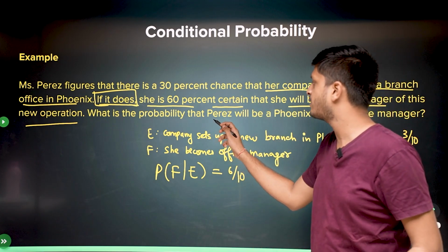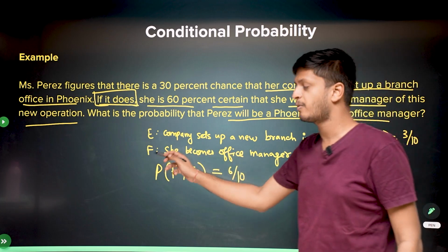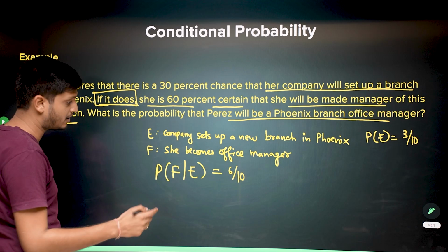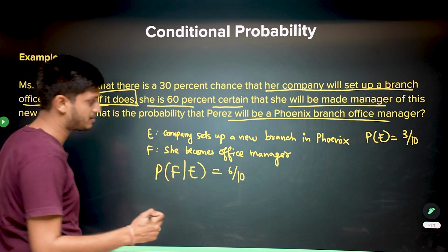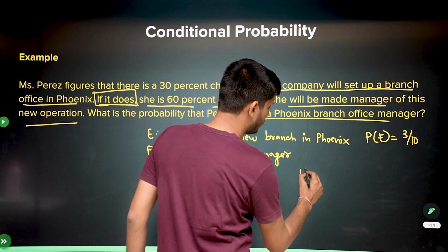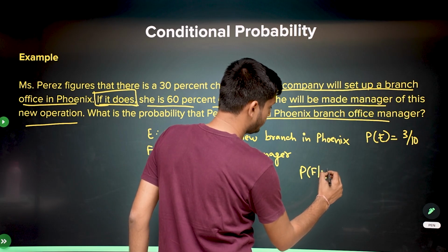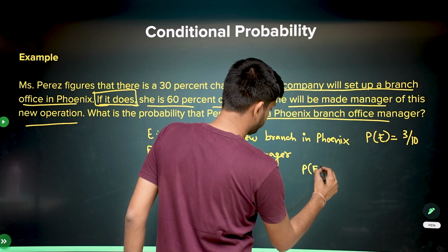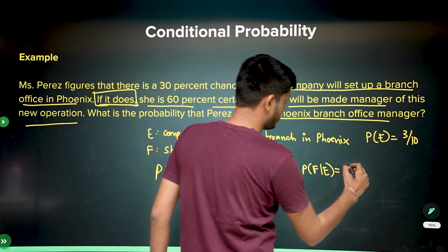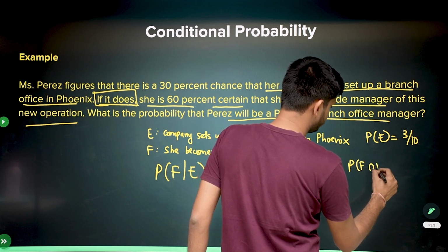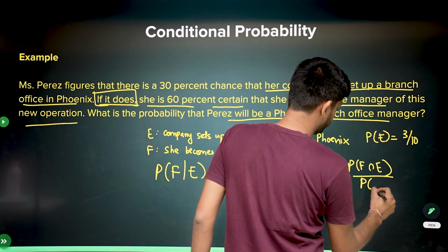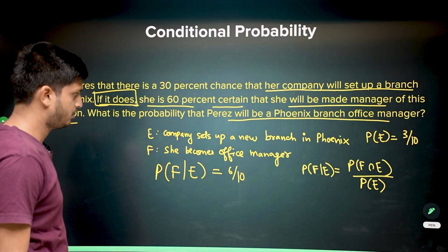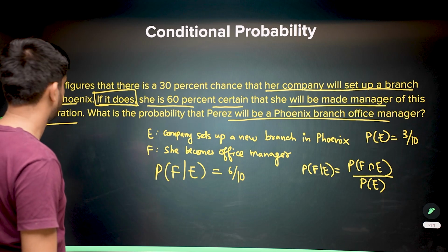Now what they want, what is the probability that Perez will be the manager? So we want probability of F. P of E is given, P of F is to be calculated, and P of F by E is given. So it's a slightly different question. But yeah, we know the formula. P of F by E is P of F intersection E upon P of E. Right?